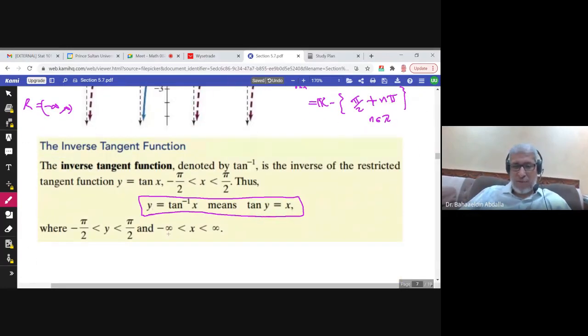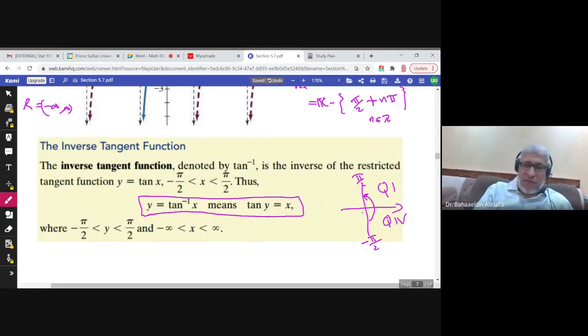So we don't have a problem with the range, but the domain of tan has to be from negative pi over 2 to pi over 2. So this is the domain of tan, either in the first quadrant or in the fourth quadrant, similar to sine.